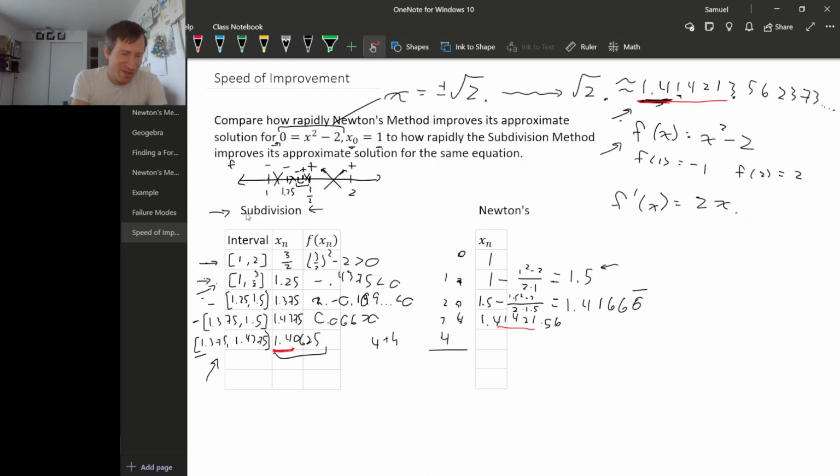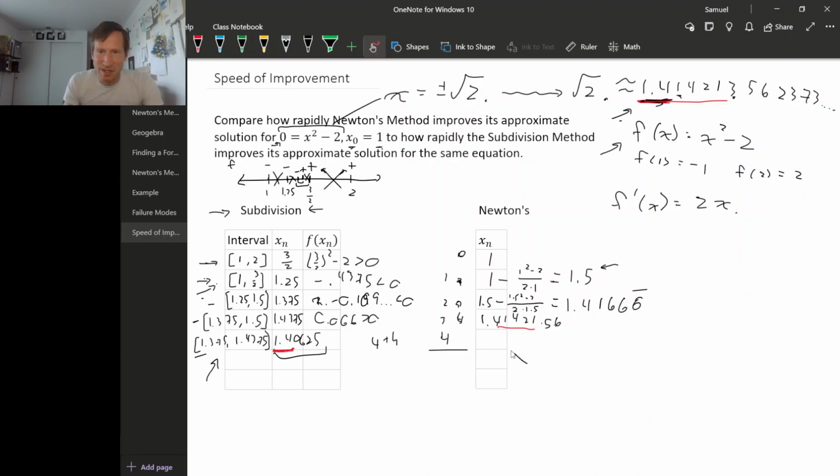So now let's store that and do one more step of Newton's method. So previous x value minus previous x value squared minus 2 divided by 2 times previous x value.